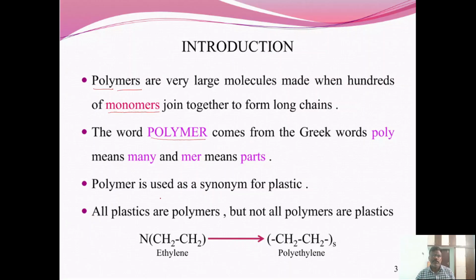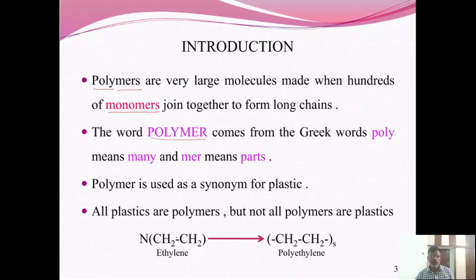Polymer is used as a synonym for plastics. One example is polythene. Polythene is a polymer. You can see here, it is CH2, CH2, n times. It's supposed to be n because we take n number of monomers. What is the monomer here? Ethylene.